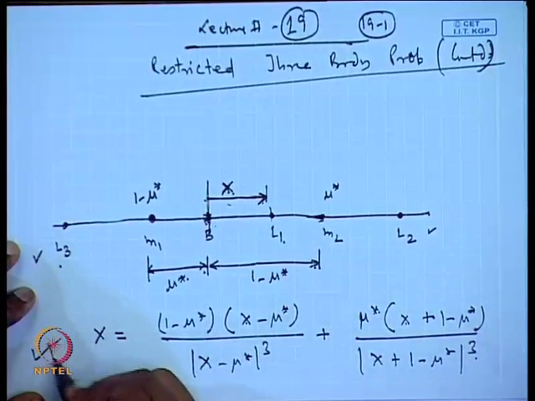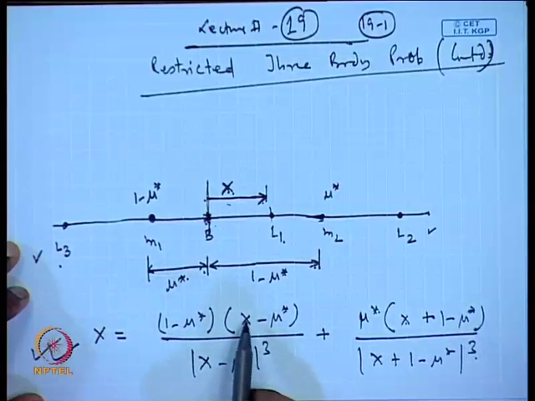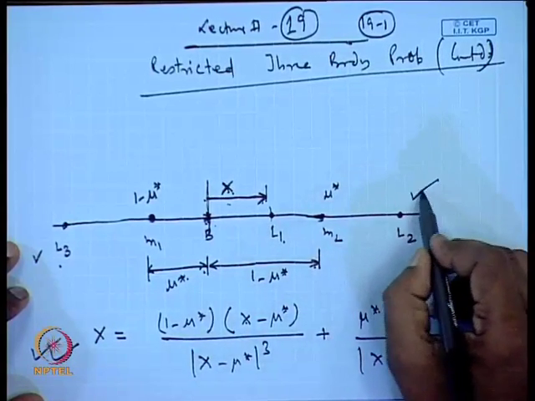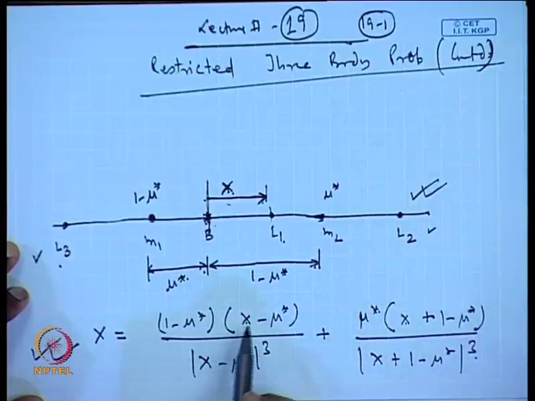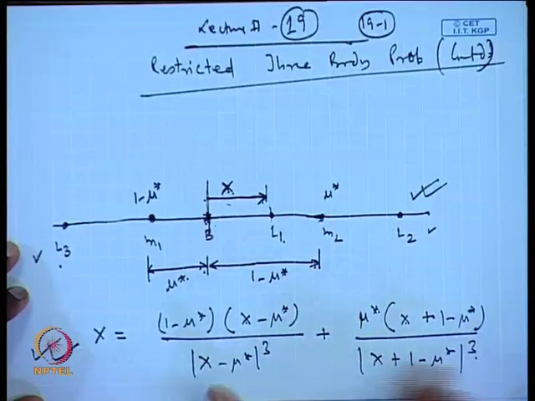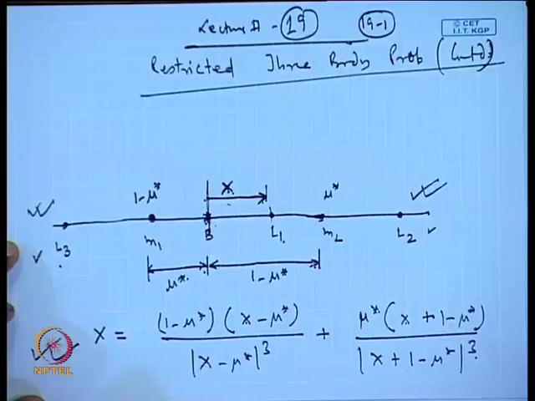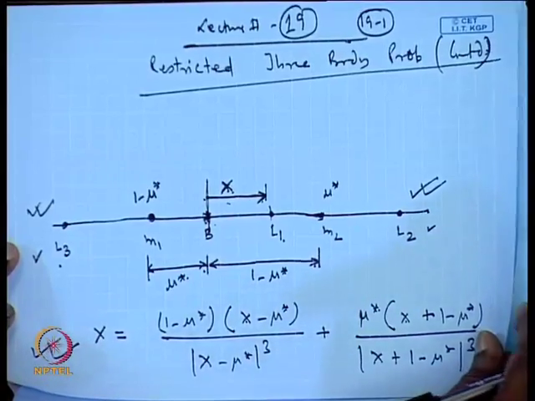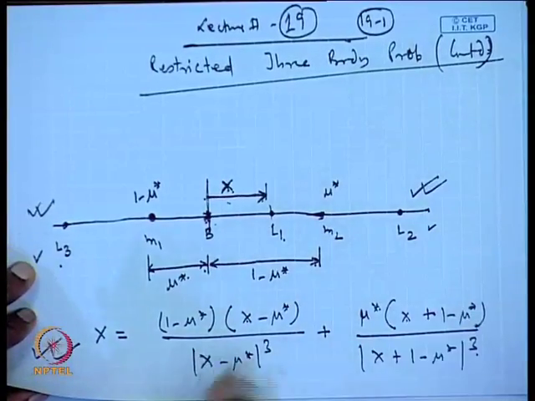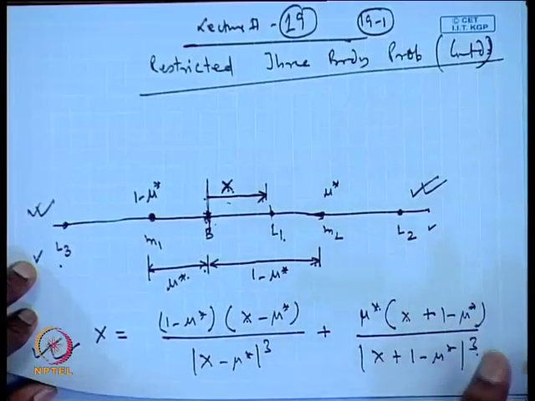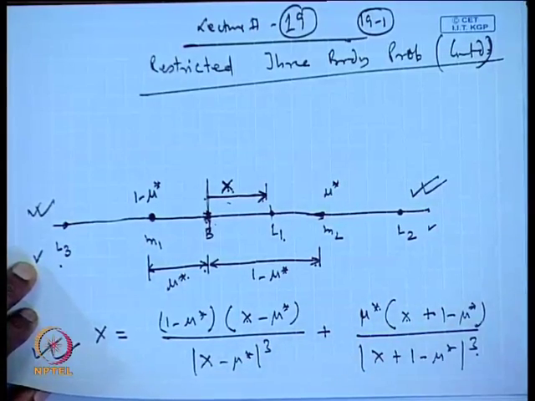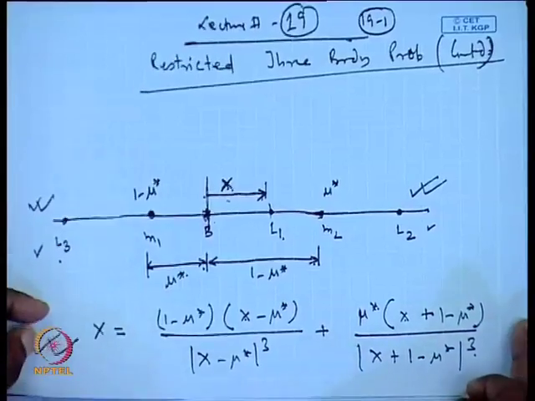We started with this equation, and then by putting x is equal to minus x, we solved for the point L 2, and by taking this as it is, we wrote the equation for L 3. So, we wrote the equation for L 3 by taking x positive, and for L 2 by taking x negative. Now, we have to work out the L 1 point.